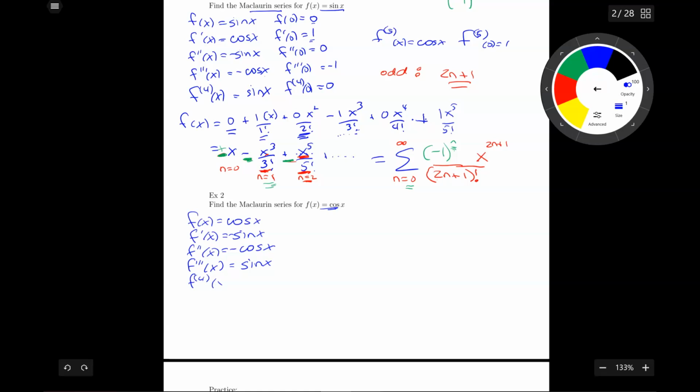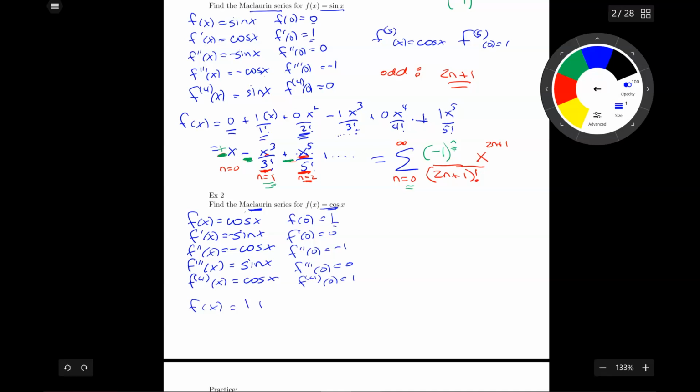Fourth derivative, because you know how sine and cosine work, it always comes back to the first problem. So if it says Maclaurin, that means the A is 0. So cosine of 0 is 1. F prime of 0 is 0. Double prime of 0 is negative 1. 0 and 1.